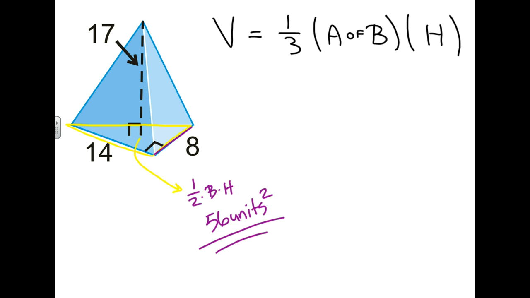Why is it square units, not cubic units? Not three-dimensional, it's just the area. So we're just talking about the area of this triangle right here. Now you take that and you multiply that by 1/3 as well as the height, and you'll have the volume of that pyramid. So take those 3 numbers, multiply them together, and you'll have your volume.